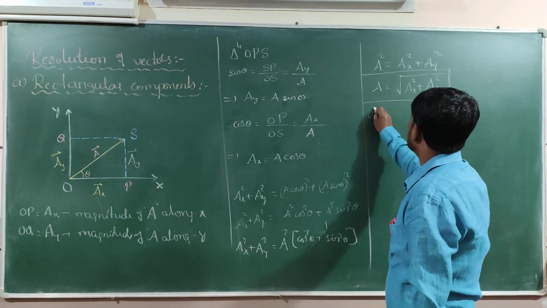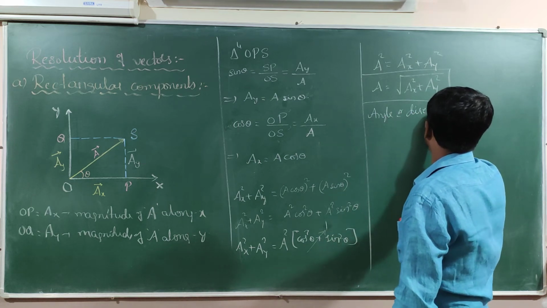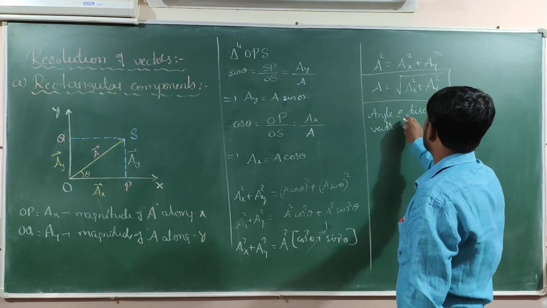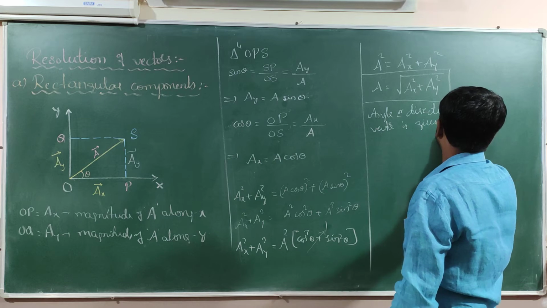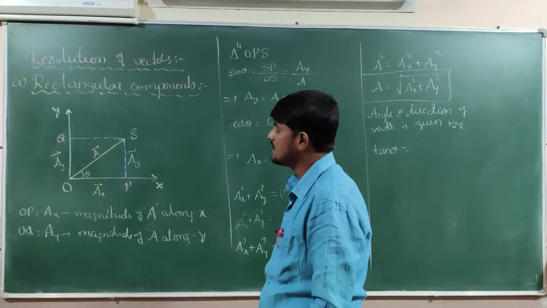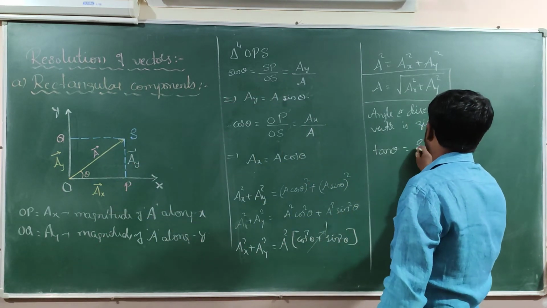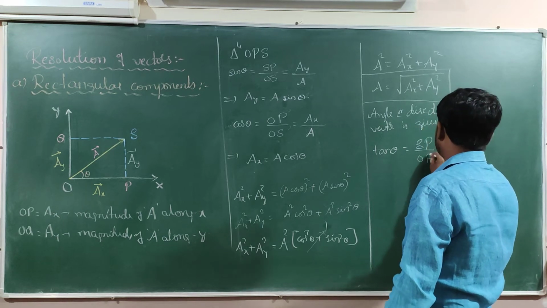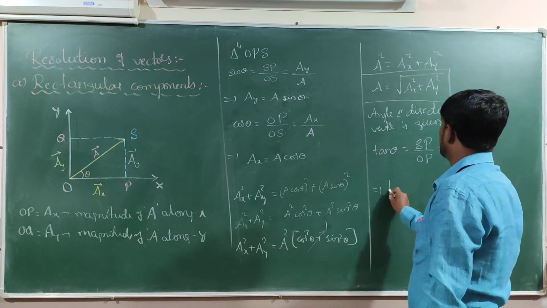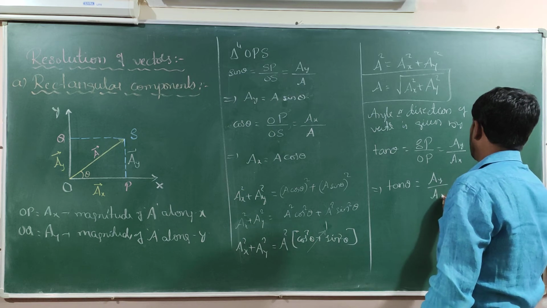So now the angle or direction of the vector is given by tan theta. Tan theta means always opposite by adjacent. It is SP by OP, that is equal to AY by AX. So tan theta is equal to AY by AX.